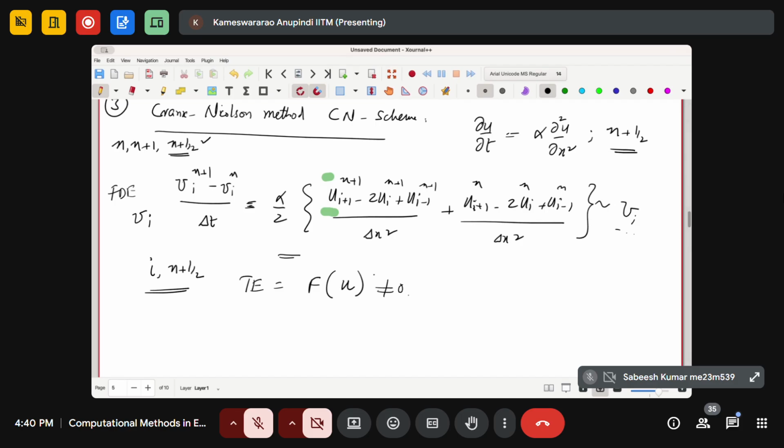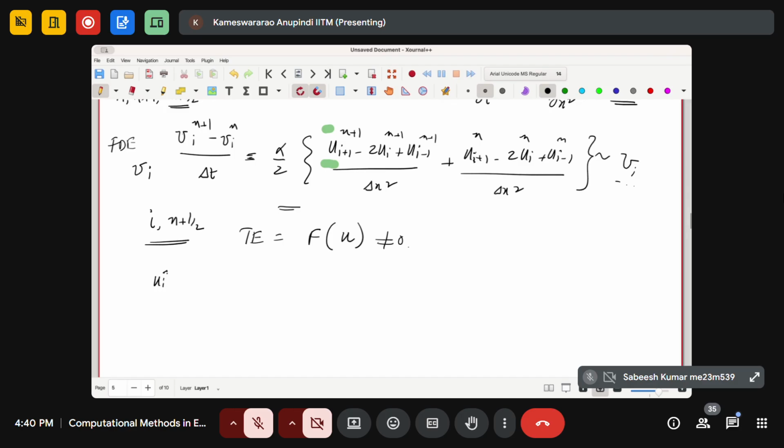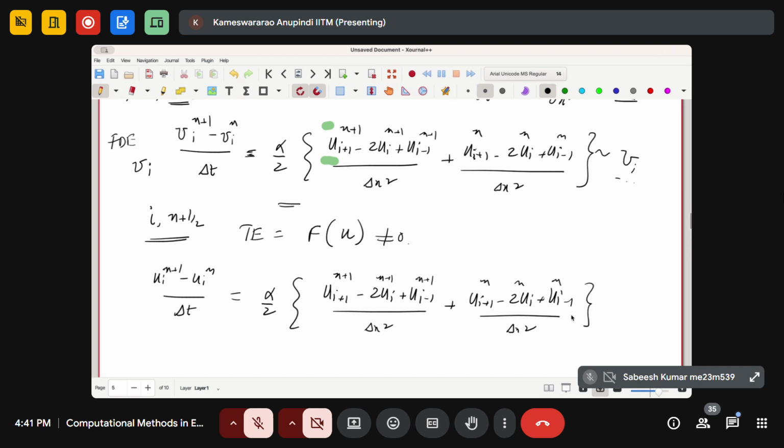That is your truncation error. So that means I'm going to rewrite this equation in terms of little u. Okay, so ui n plus 1. So it's basically a repetition, but we do that for the sake of understanding. Minus 2 ui plus ui minus 1 by delta x square at n plus 1, plus ui plus 1 minus 2 ui plus ui minus 1 by delta x square at n. Okay, that's what we have.